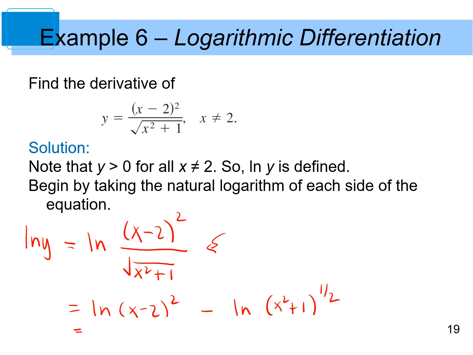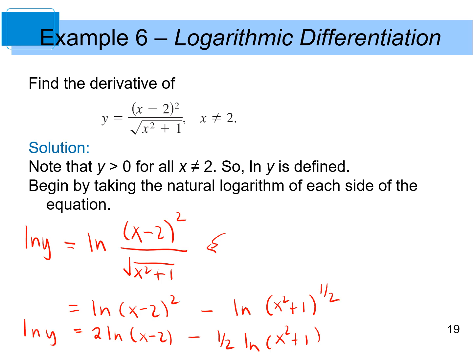So this is the same as 2 times ln of x − 2, and then you have minus 1/2 ln of x squared plus 1.